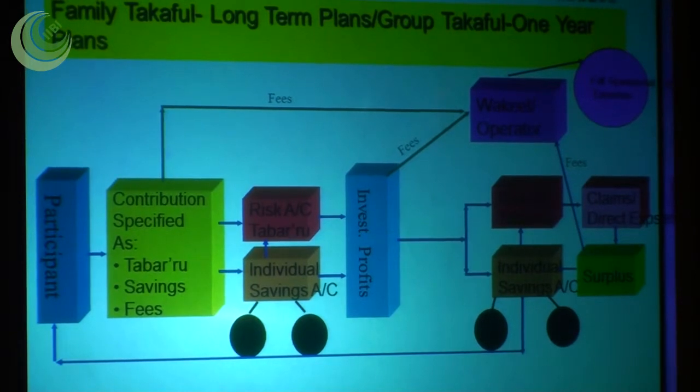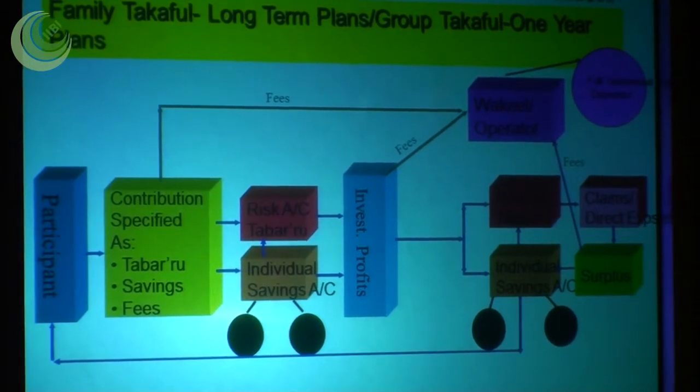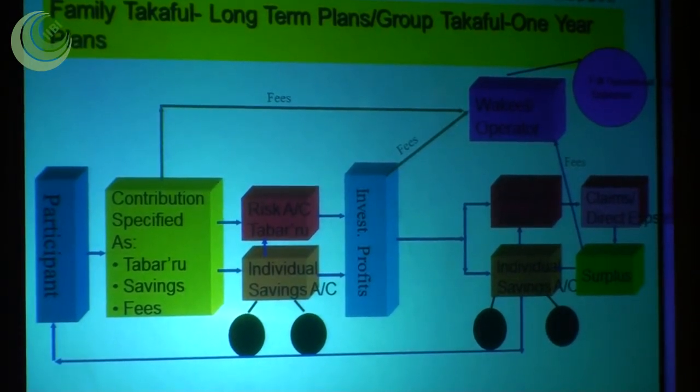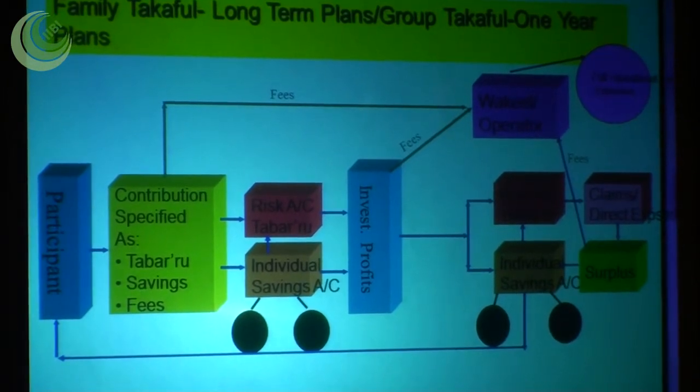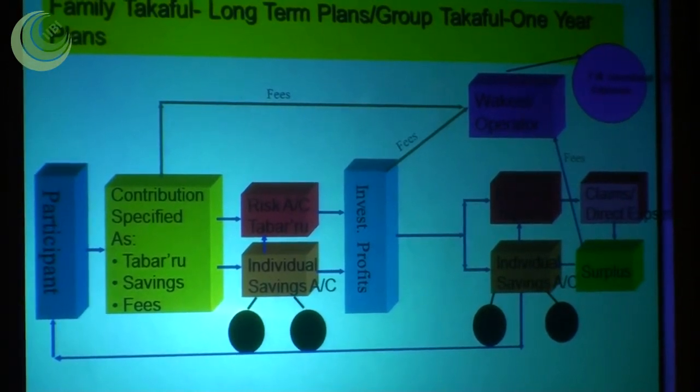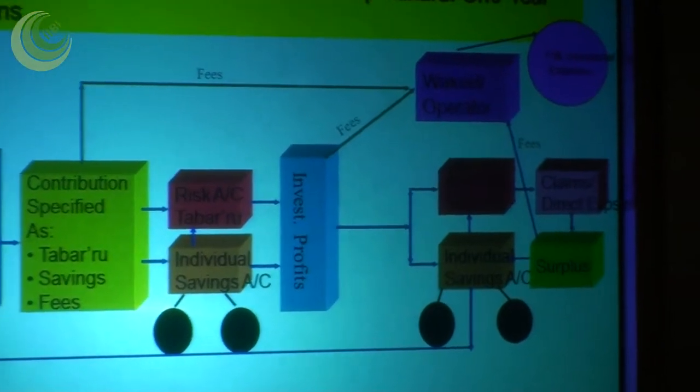I can tell you after 8 years of operation in life, 95% of my income was coming from fees and 5% was coming from underwriting and investment return. But that's to take nothing away from what happens in 40 years' time when you have billions of dollars in underwriting and billions of dollars in investments. The return from those can be quite substantial.